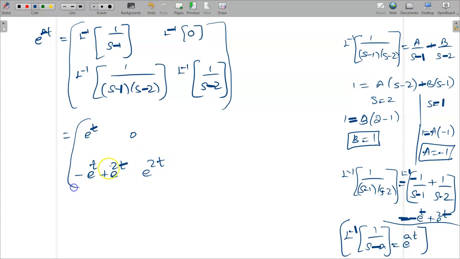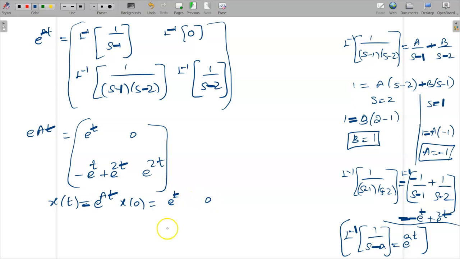So this is e power At. And what is the solution of the state equation? X of t equals e power At into x of 0. So let me multiply this matrix with x of 0. What is x of 0?